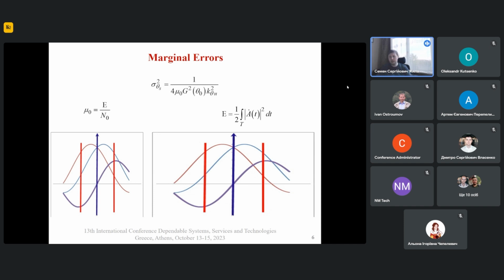And this is a slope of the discrimination characteristic.